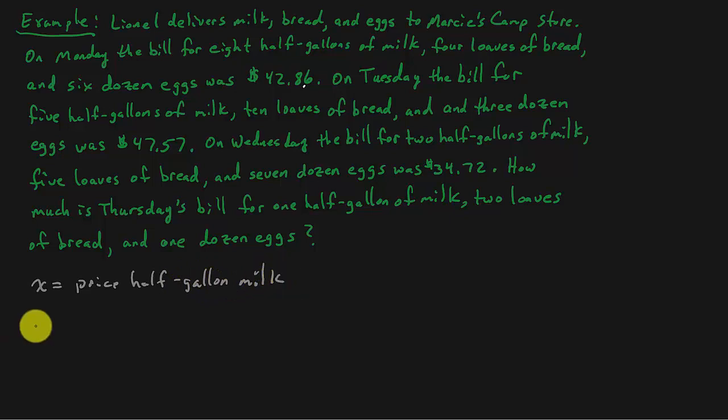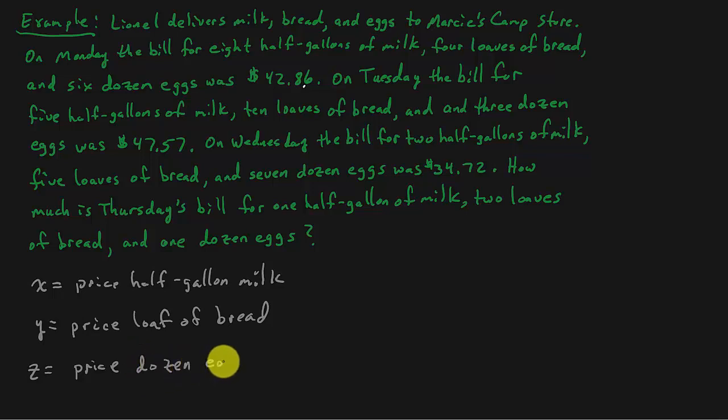Y, we're going to let y equal the price, because isn't that what we're dealing with? Half-gallons of milk, loaves of bread, and a dozen eggs. So y is going to be the price for a loaf of bread, and then z can be the price for a dozen eggs.